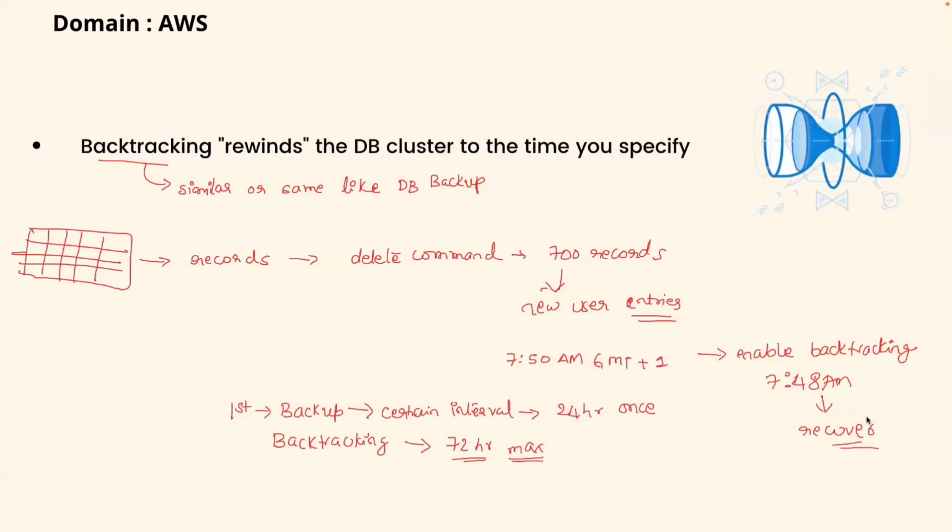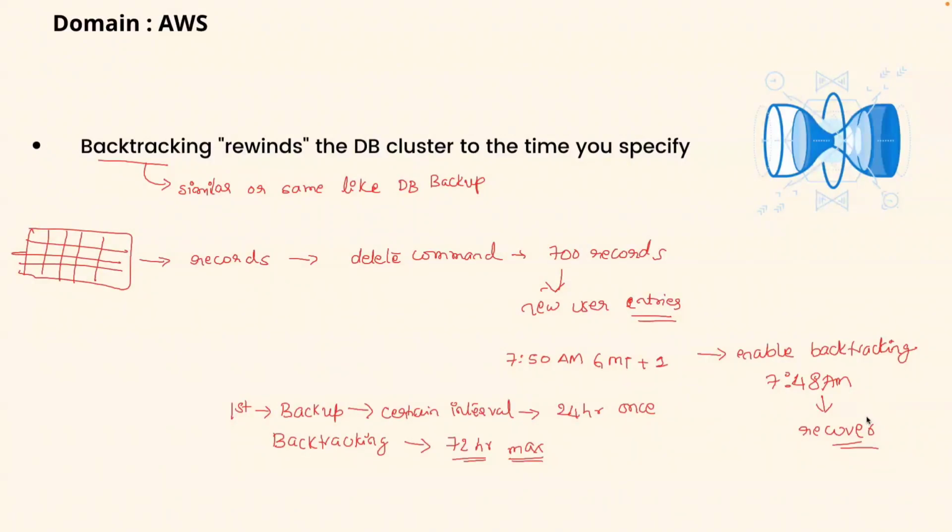And how would you answer this question in the interview? This is how you can answer this question in the interview. Backtracking is a very special feature which is offered by AWS Aurora. From what I remember, it is basically a mini backup of data for a window of 72 hours, if I'm not mistaken, wherein if we have made some mistakes in our databases, or if there is some rollback that needs to be done on this database, we can quickly do this.